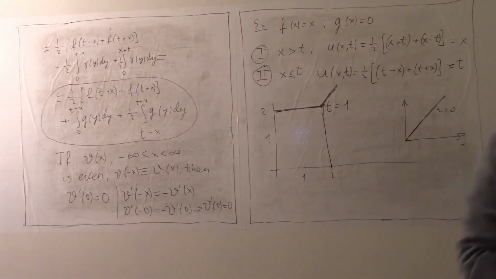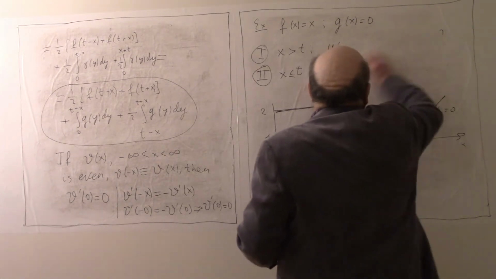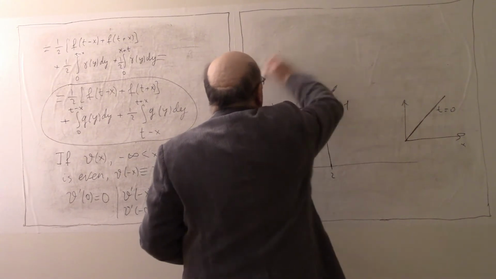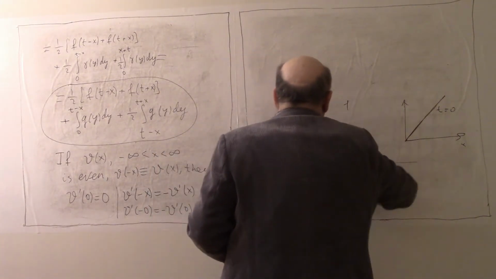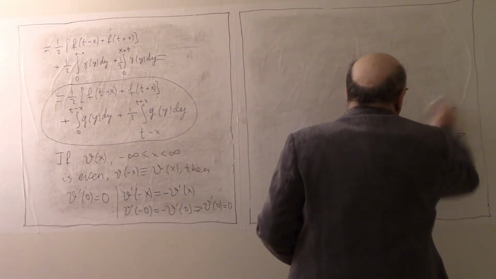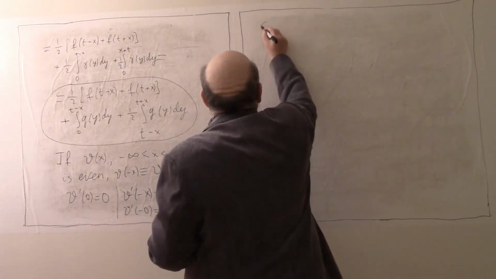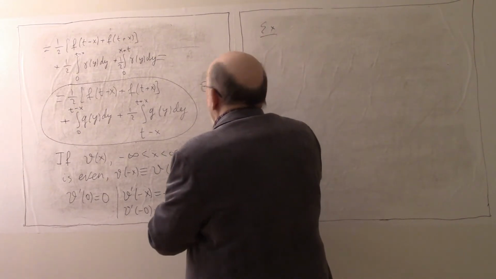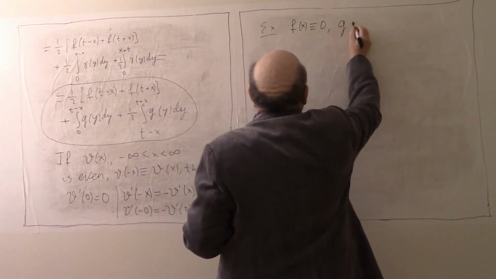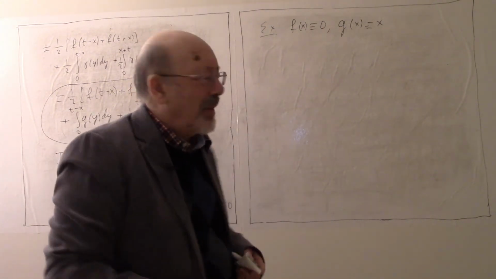Now, okay, let us consider another example. It is equally simple. This example is f of x is 0, g of x equals x. Yeah?